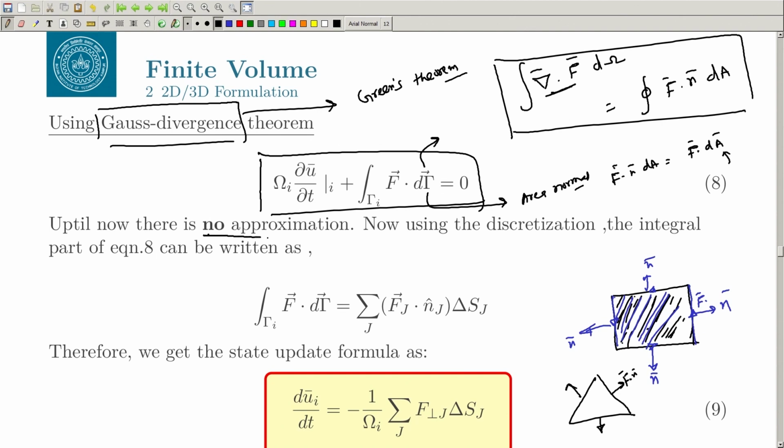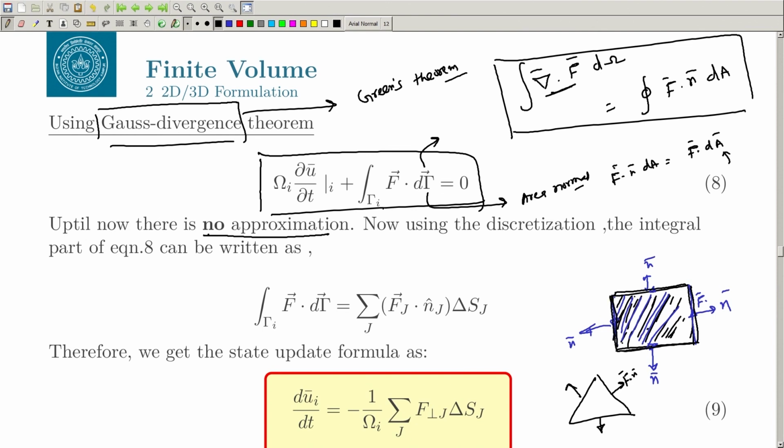So now there is no approximation till now. Now, what we can do is this is in integral form, and we are using different shell volumes, triangles or rectangles or quadrilaterals, different kinds of things. So you basically go across all the faces and add this value.